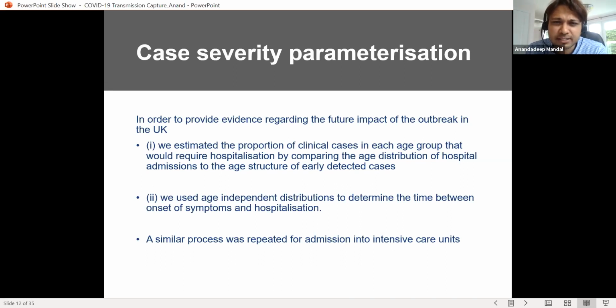So we estimated each age group, and we got the data from the hospitals and all the distributions. We estimated the distributions of the age related susceptibles and the infected ones. So we used independent distributions for the onset of the symptoms.